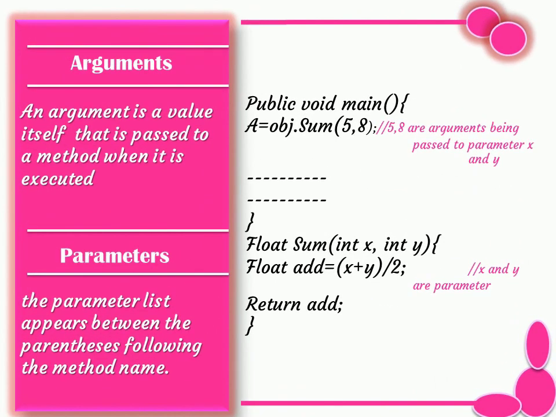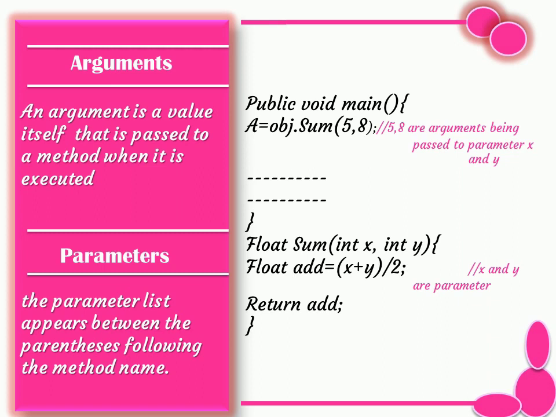We'll see what are arguments and parameters. What is an argument? An argument is a value that is passed to a method when it is executed. So we are passing a value when it is executed. Next, parameter. The parameter list appears between the parentheses following the method name.